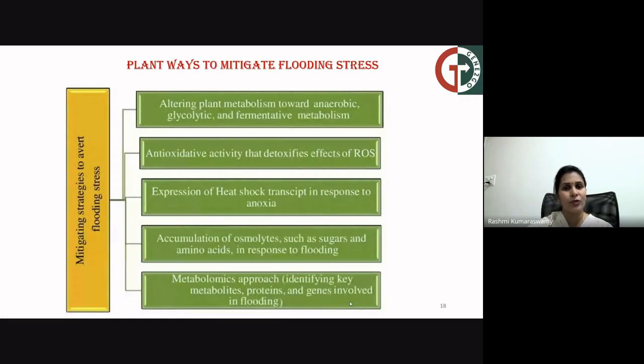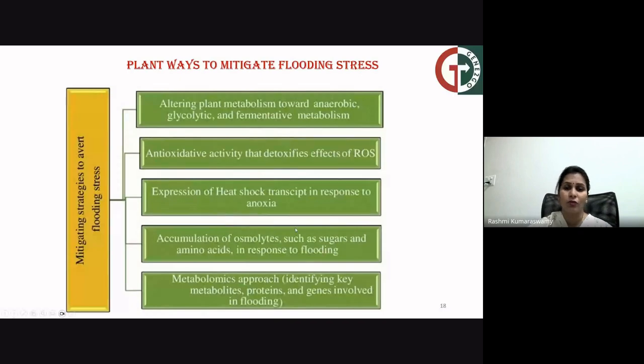The plant will switch on to an alternative metabolism pathway, that is the anaerobic glycolytic pathway or fermentative metabolism. Another one is antioxidant activity that detoxifies the effect of reactive oxygen species, particularly through the enzymatic pathway. And apart from this, there will be expression of transcription factors in response to anoxia condition.